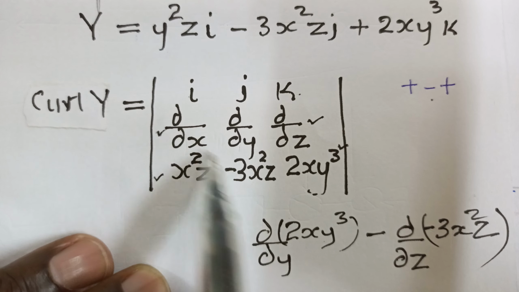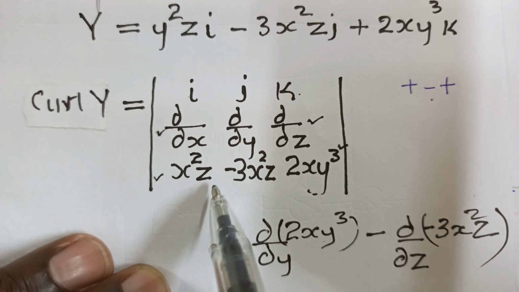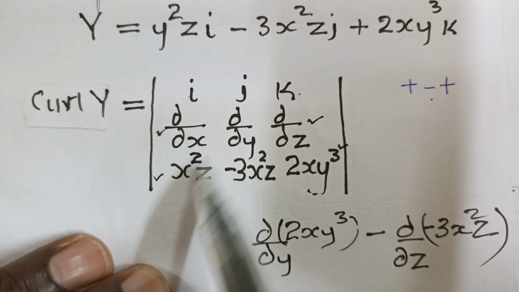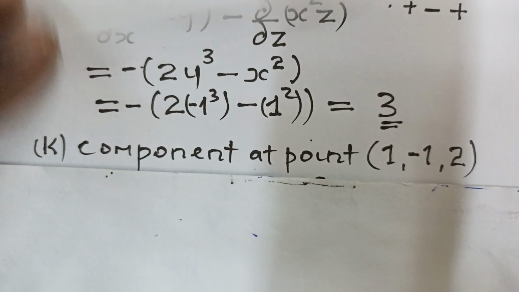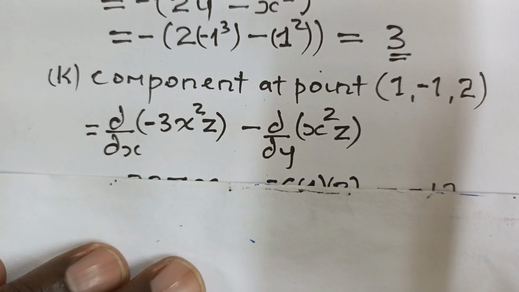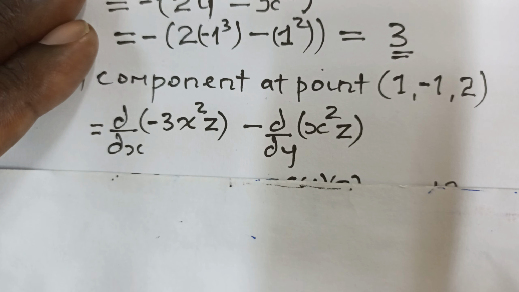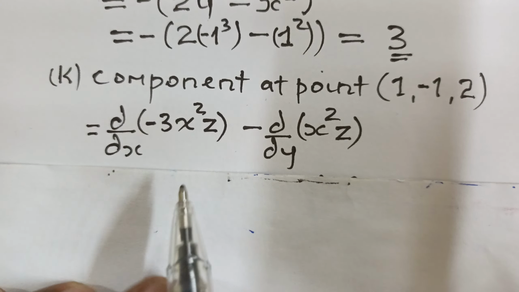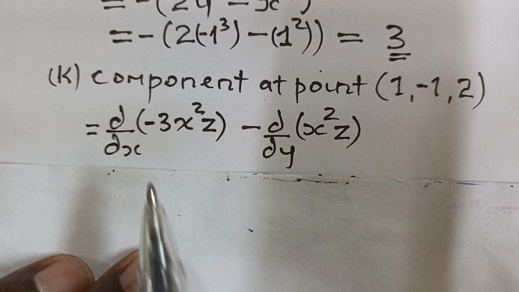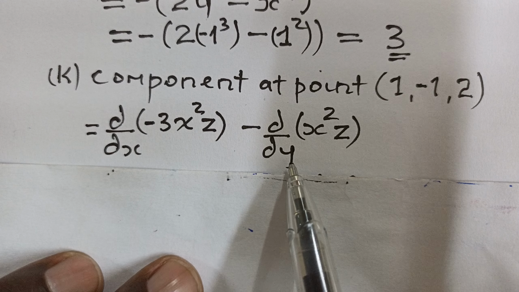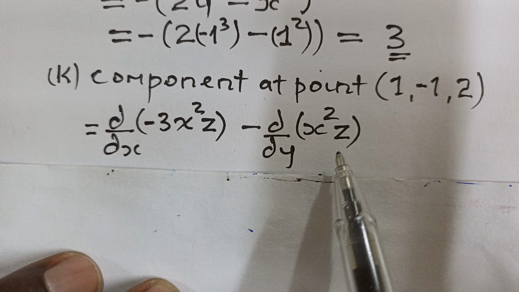This is what we are multiplying, the major diagonal product, and we minus the minor diagonal product. And this is what we have, guys, right here. So guys, this is what we have. And now we differentiate with respect to x, considering y and z as constant, and with respect to y, considering z and x as constant.